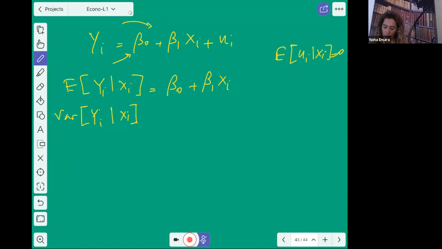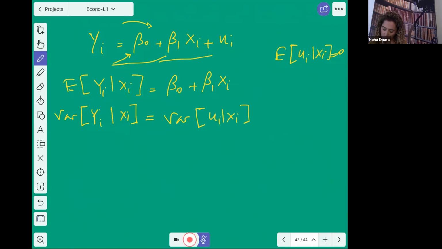What about the variance of beta 1 xi given xi? Again, the variance of a constant does not move. The variance of xi given xi, it's not random, so it's 0. Then I'm left with the last part, which is equal to the variance of ui given xi.